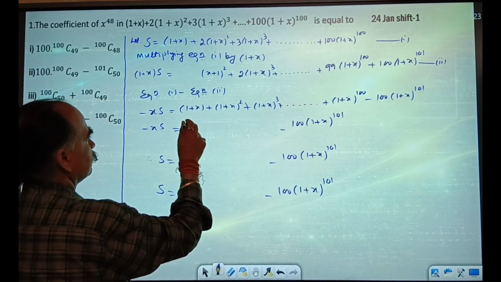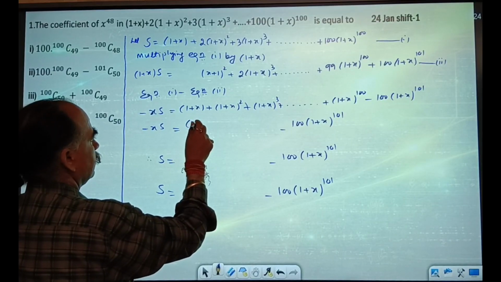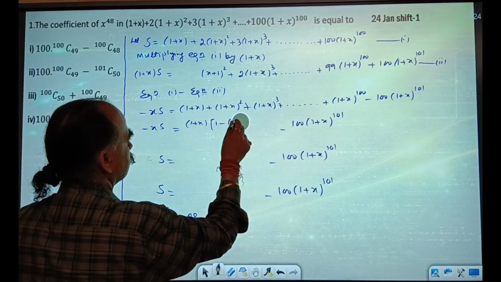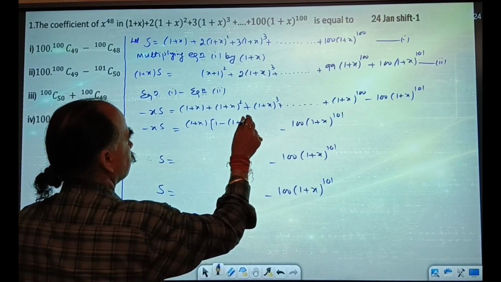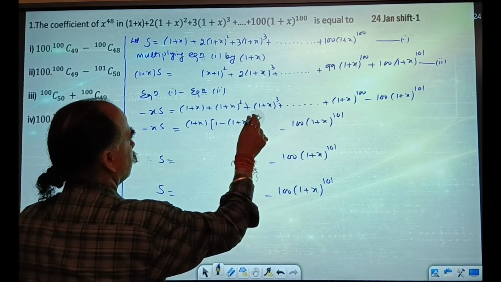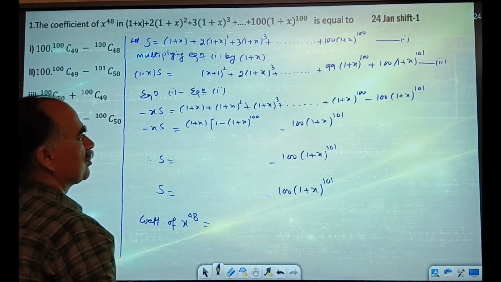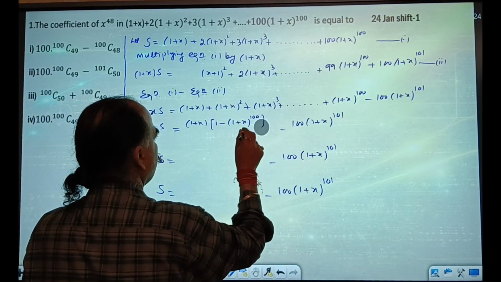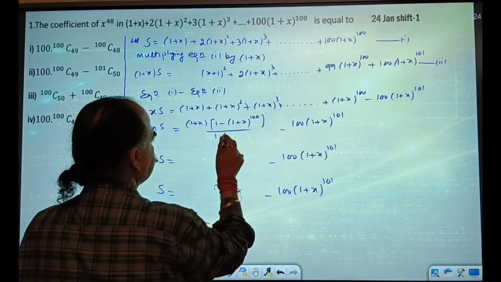In this case, a into 1 minus r to the number of terms 100 divided by 1 minus r.